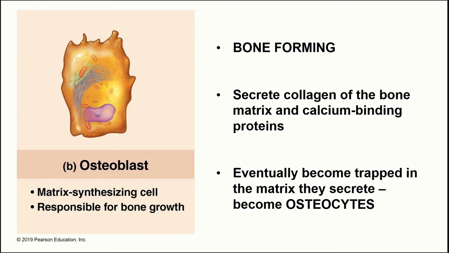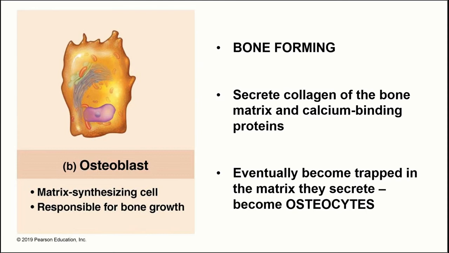And the way that they build bone is that they secrete the collagen protein fibers as part of the organic components, and they also secrete a number of proteins that bind calcium minerals to them. So notice that they do not secrete calcium minerals into the bone matrix. Rather, the calcium binding proteins that they're secreting help stimulate calcium minerals crystallizing on those calcium binding proteins.